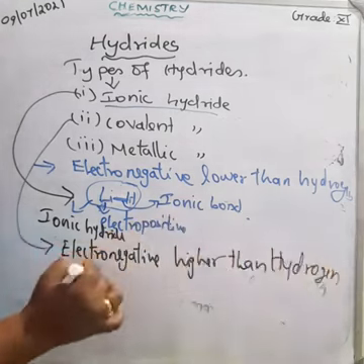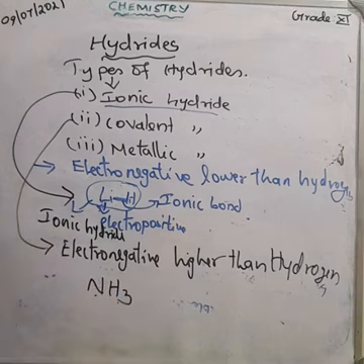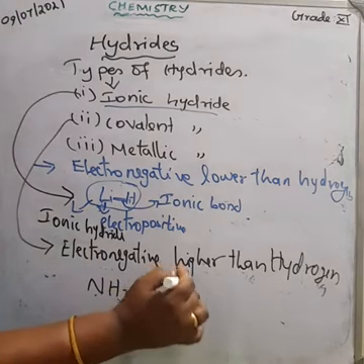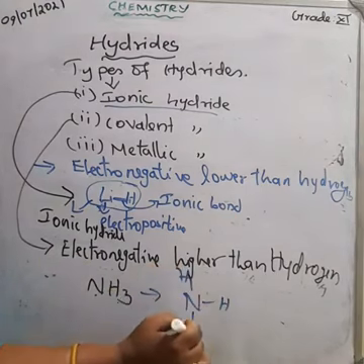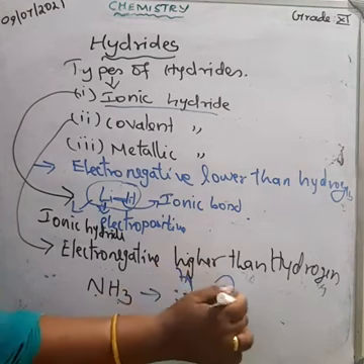Here nitrogen has higher electronegativity than hydrogen. So the bond formed between nitrogen and hydrogen is a covalent bond. So this hydride NH3, a hydride of nitrogen, we call a covalent hydride.